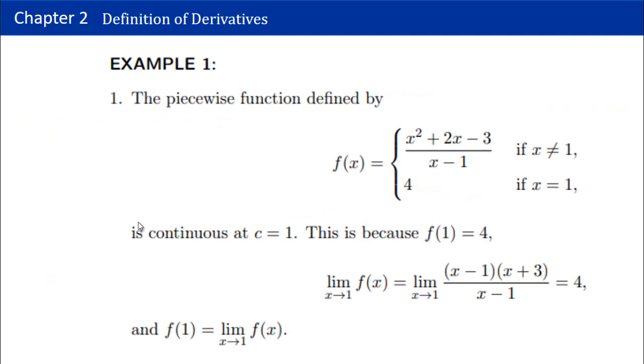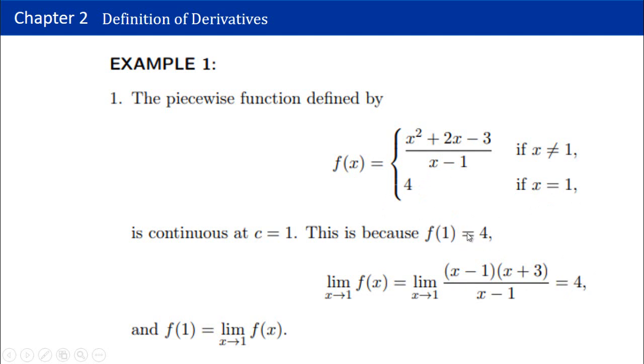Say for example, we have the illustration, example 1. We know this piecewise function is very familiar to you. If x is equal to 1, then we are referring to the limit. So if x is not equal to 1, then we find the limit as x goes to 1 from the left and from the right, and we know that from the left and from the right is equal to 4, and by direct substitution at x equals 1, we have 4, and we can find that the limit is equal to the substituted function.